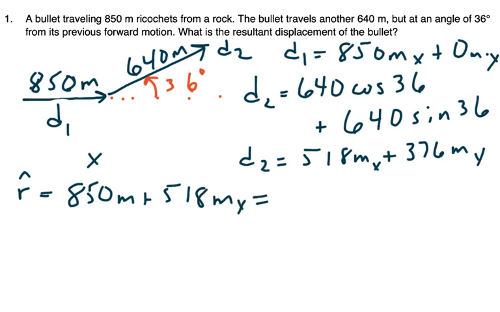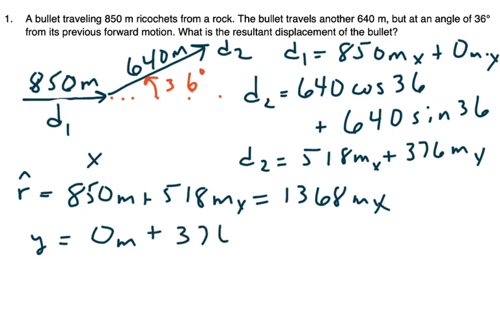So that gives us a total of 1368 meters in the x direction. So then you do the same thing for the y. So it's going to be equal to 0 because it didn't have any vertical component to it. And then 376 in the y direction.